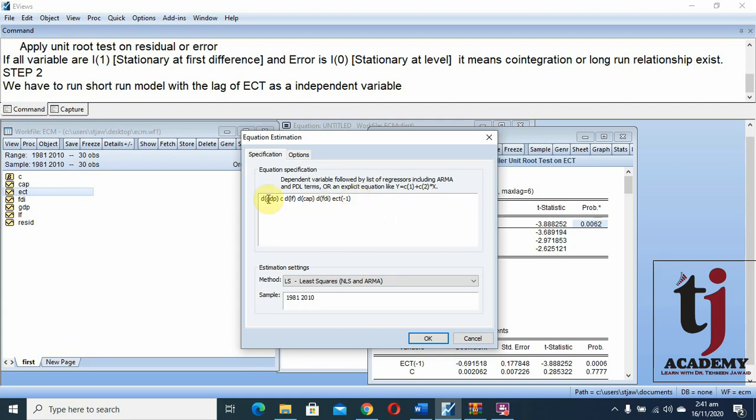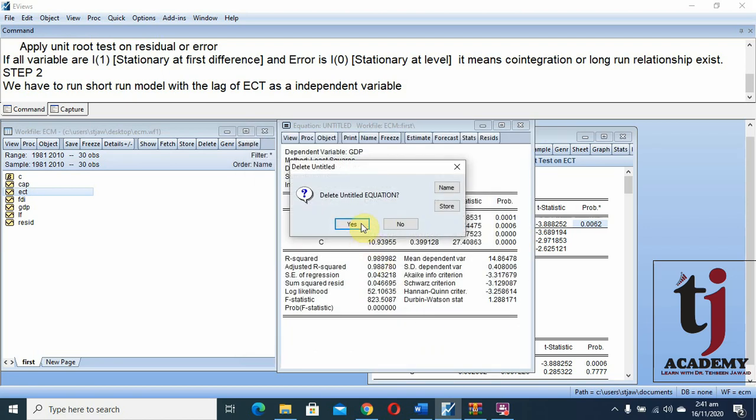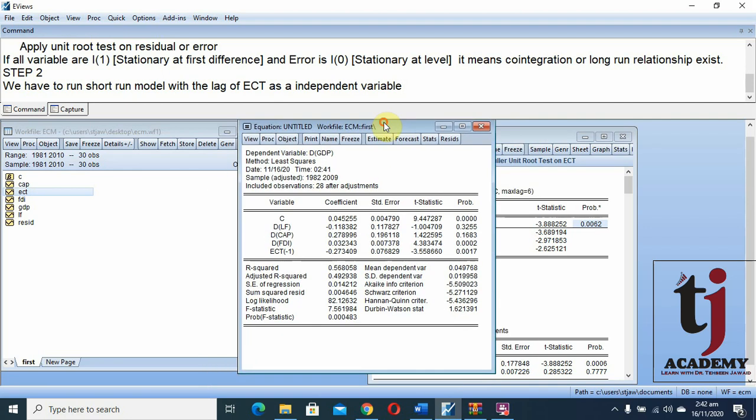So this is our short run model with the inclusion of the lag of the error correction term as an independent variable. So if we click OK, this is our model.